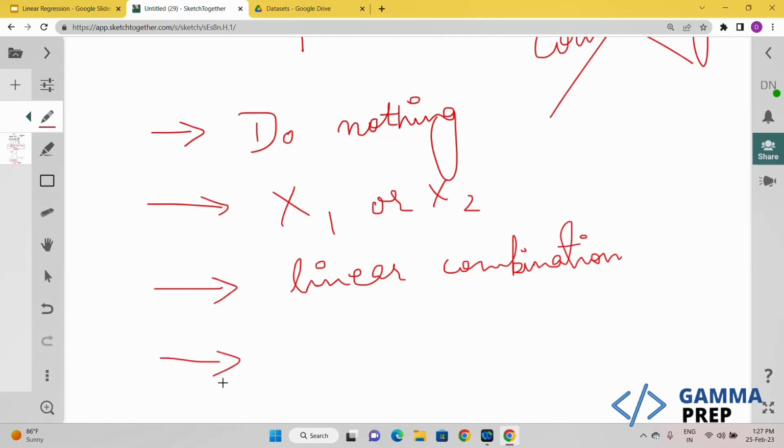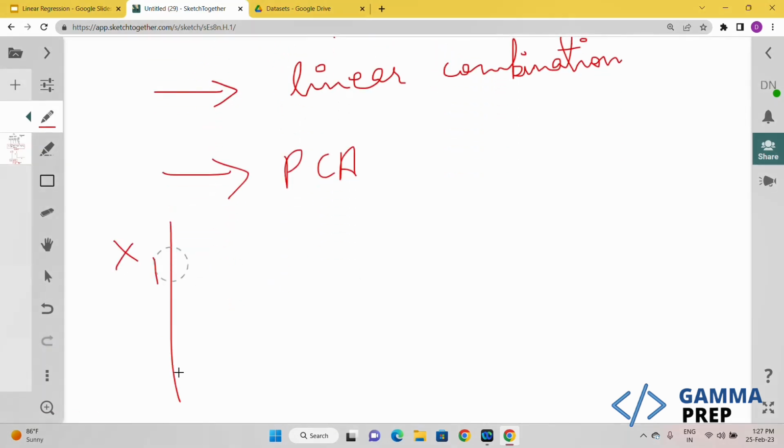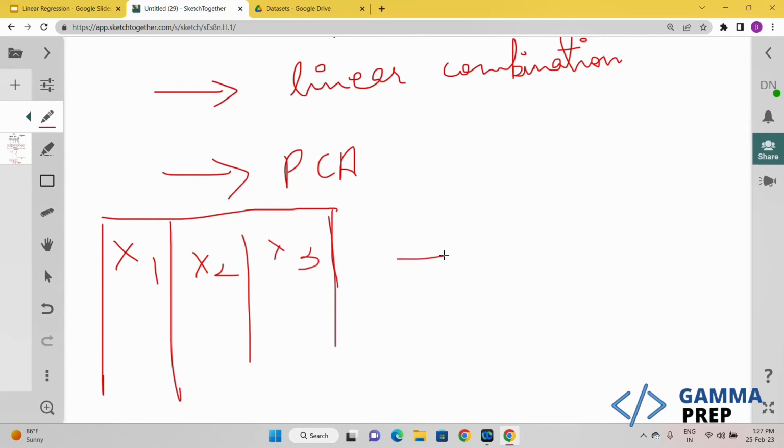What's the fourth thing? The fourth thing is perform an analysis designed for highly correlated variables, such as principal component analysis. So basically, in PCA, we have x1, x2, x3, and y. First take this data set and convert it into principal components, PC1, PC2, PC3.